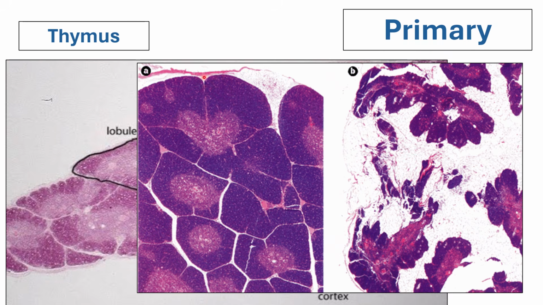Okay? So again, other photos. So again, you would have your lobes, and then you would have your cortex and your medulla. Okay? And here, in the right panel, you would see that once the animal reaches its puberty and it has already produced a lot of your immunocompetent T cells, and you have already sent these out on their way to the other secondary lymphoid organs, then there is no more need for it, so it will involute as the animal becomes an adult.